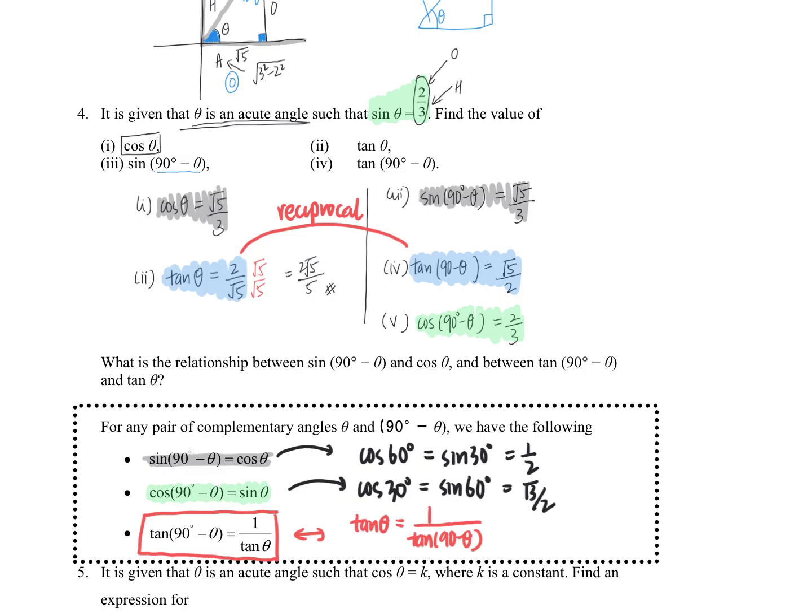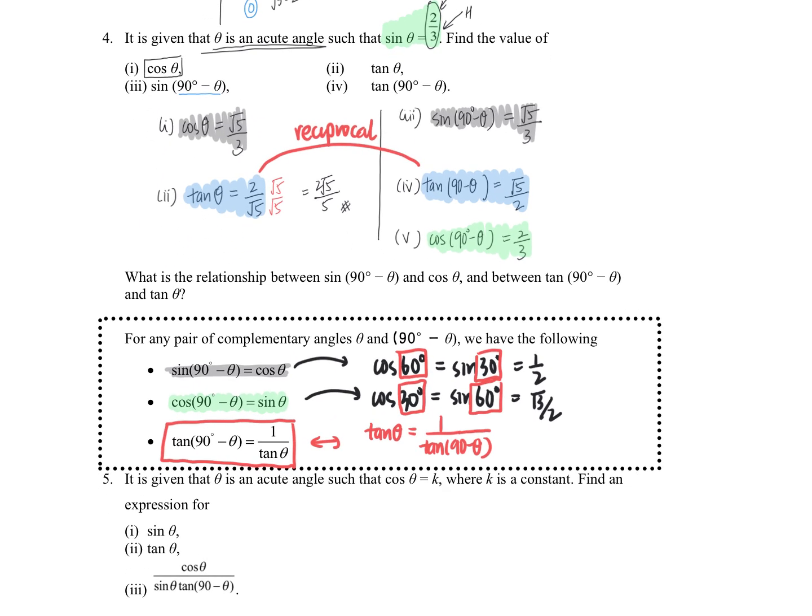They are equal basically, as long as these two angles sum up to 90. Good to know because it helps you skip steps. If you never memorize this or you don't remember this, then you will end up doing the long way, which is fine also.